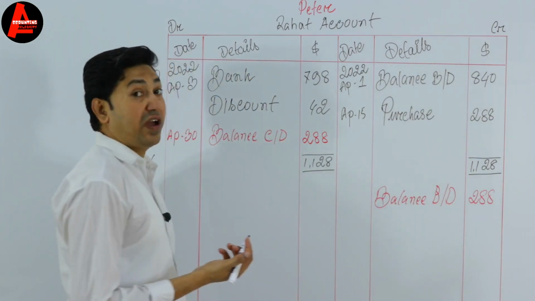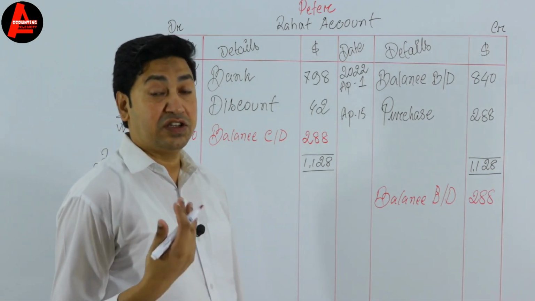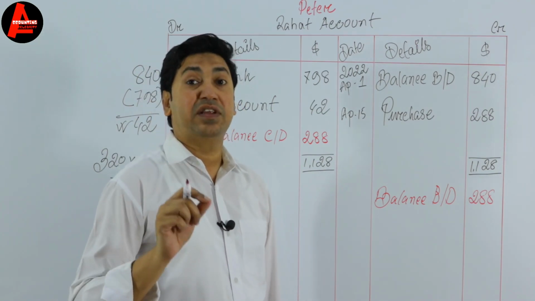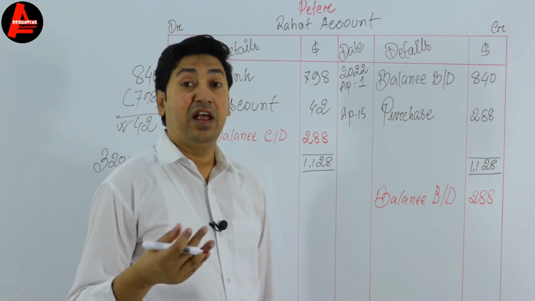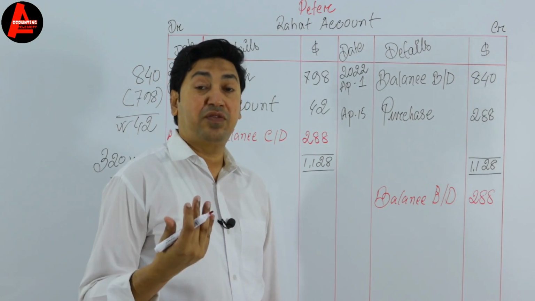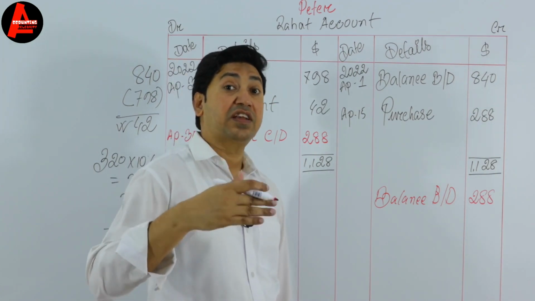What date will we write? For balance b/d, the date will be 1st May 2021. It is mentioned in the question. Even if it is not mentioned in the question, we have to write the date. How will we understand what date? The date for balance b/d will be the first day of the next period, the next month.